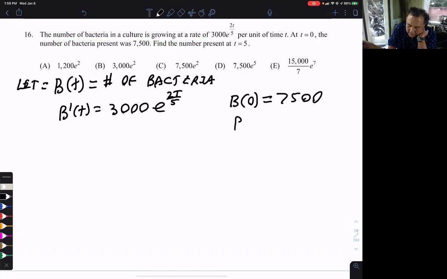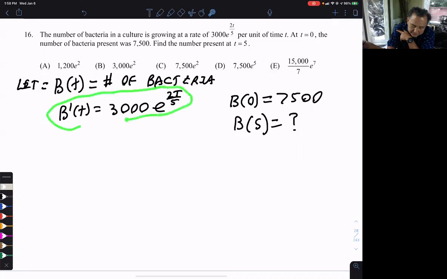And they want to know how many bacteria there are after 5 units of time. That's the question mark. So this is a classic fundamental theorem of calculus, because look, you have the rate and you have B at a certain point and you want it at 5.